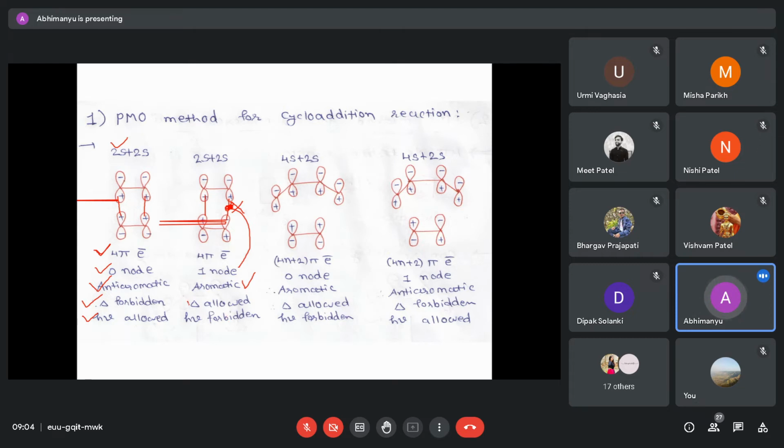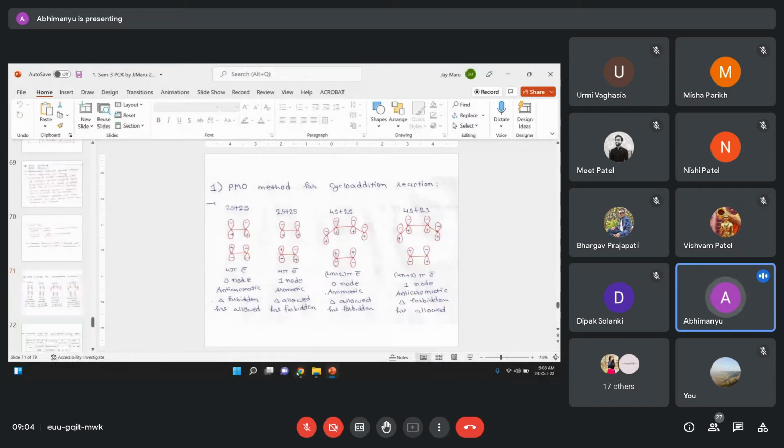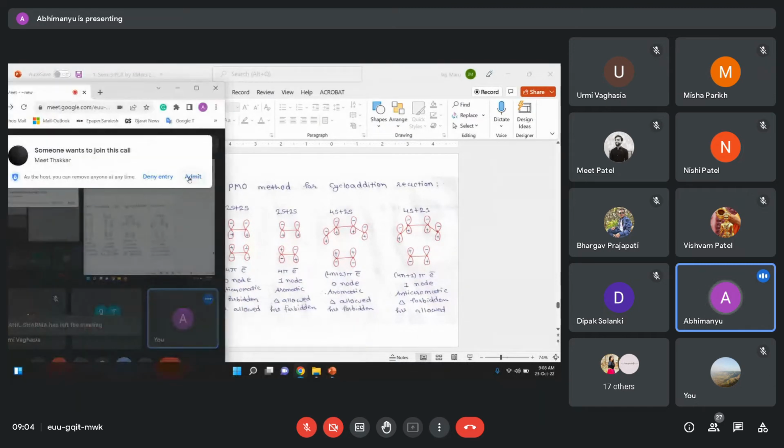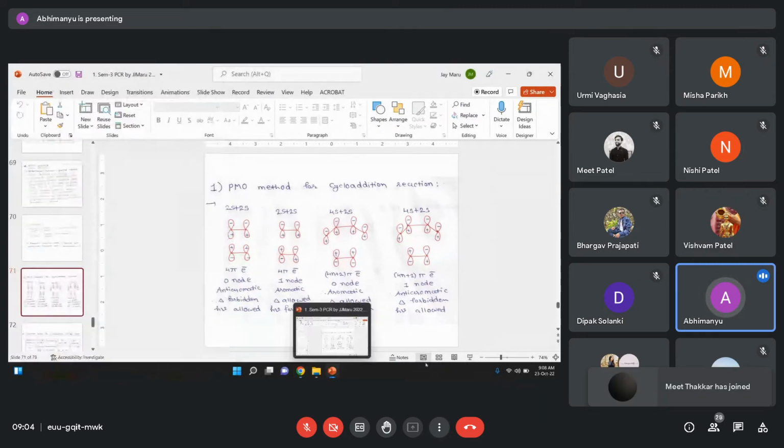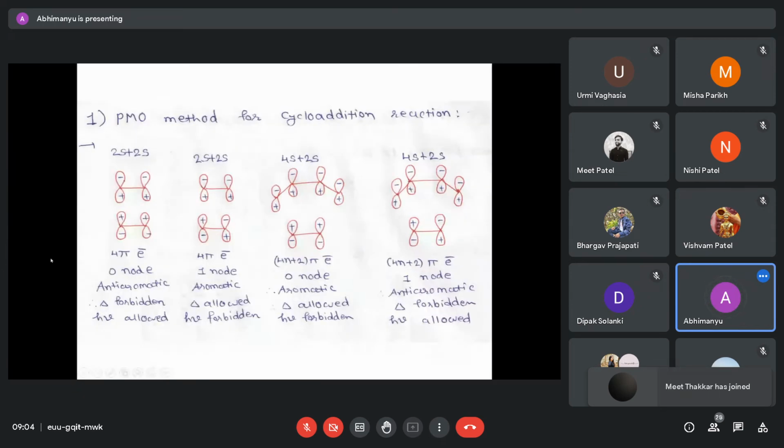So we can say that thermally allowed and photochemically forbidden. So for 4n pi electron system, again, it can be aromatic based upon the node.